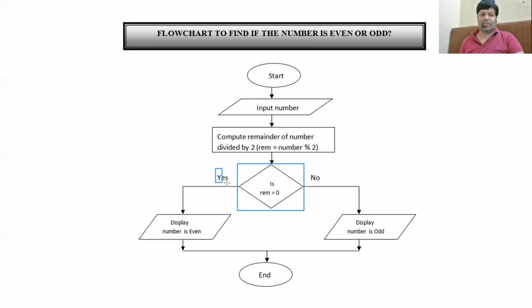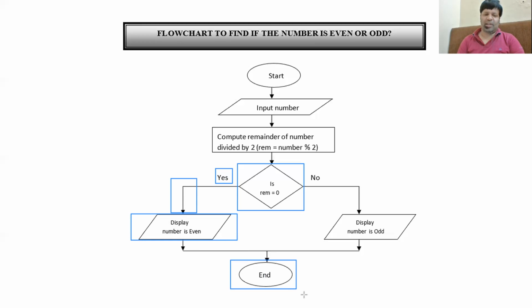If the answer is yes, then we take this flow line and we use this symbol to display that the number is even, and eventually we reach the end. So this is the path that we are going to follow in case the value of the remainder is 0.